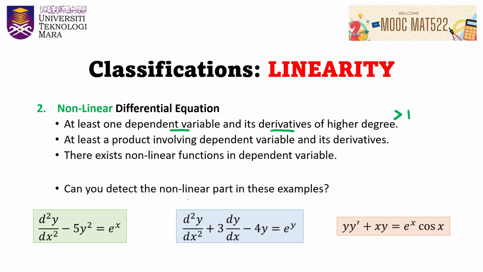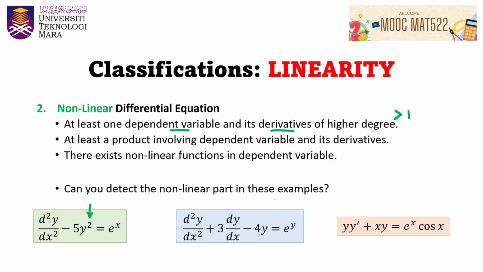For example, here, the first, d squared y over dx squared minus 5y squared equals e to the power x, we can easily see that the dependent variable y here has a higher degree of 2. Therefore, this differential equation is nonlinear.